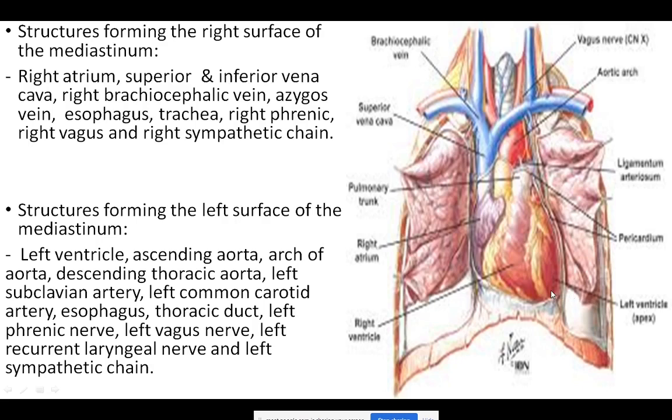Okay, then the other structures related to this left mediastinum are the left subclavian vein, this one, and the carotid artery, this one, red color, and then the esophagus, present posteriorly, and the thoracic duct, over here it will come.